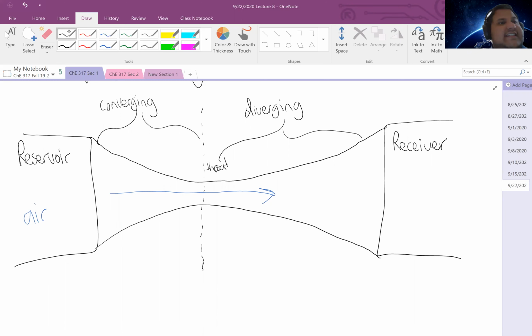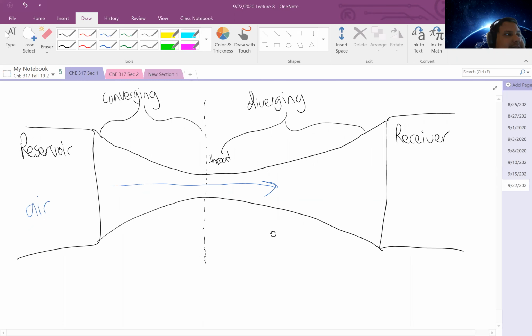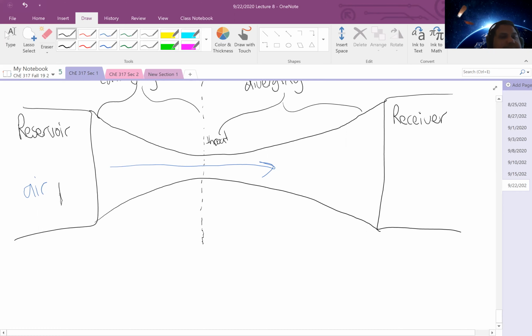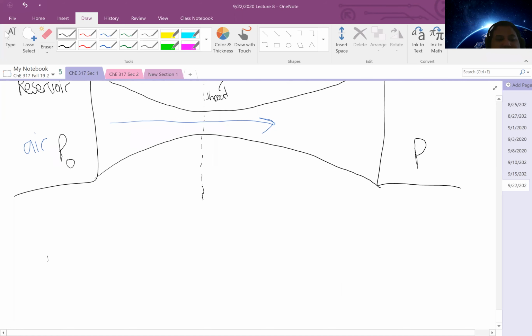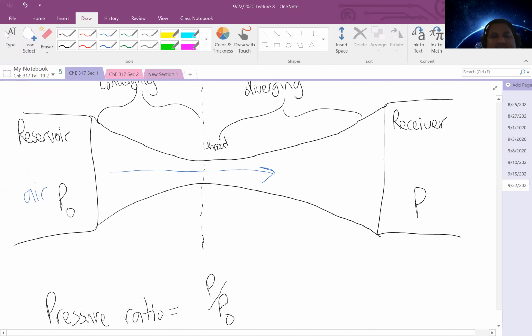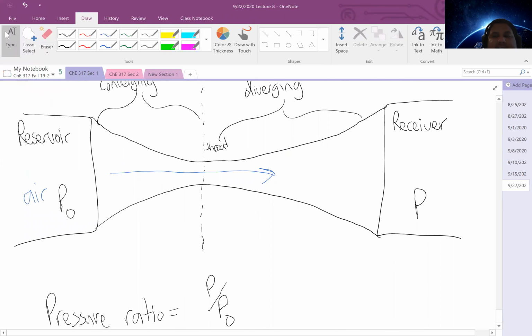Now, if I consider a system where the reservoir is at some pressure, P naught, and the receiver is at another pressure, P, I can describe the relative pressures as a pressure ratio, which is given as P over P naught, a ratio of the 2 pressures in my system, the air reservoir and the air receiver.